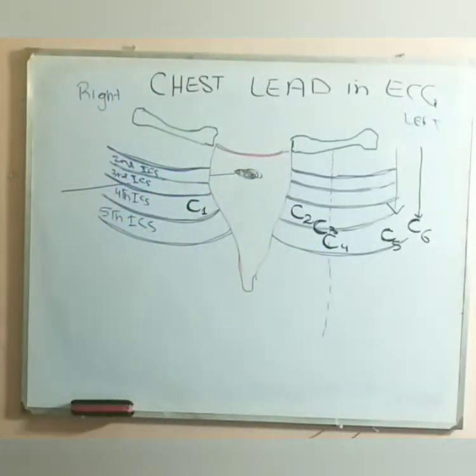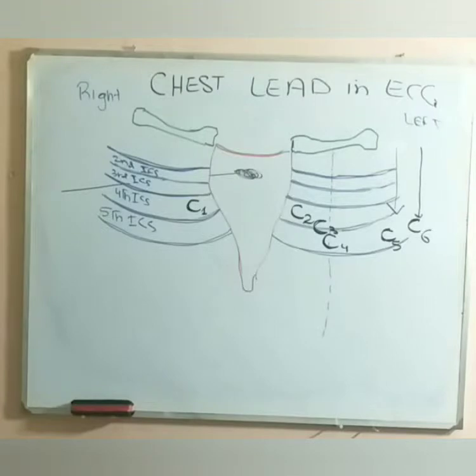So three chest leads are placed in the fifth intercostal space: C4, 5 and 6. Chest lead 4 is placed in the mid-clavicular line in the left fifth intercostal space. Chest lead 5 is placed in the left fifth intercostal space in the anterior axillary line, and chest lead 6 in the fifth intercostal space in the plane of the mid axillary line.